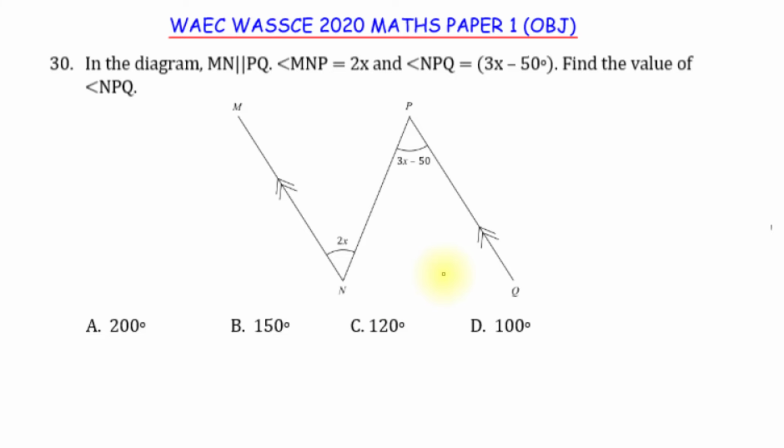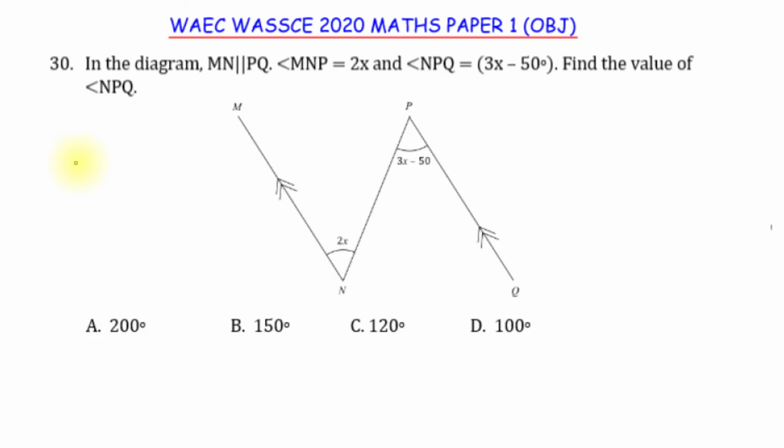There are quite some ways you can go about solving this, but ideally this is just a simple slam and dunk question on alternate angles, because since MN and PQ are parallel, then this line joining the two of them is a transversal, and this is actually featuring two angles, 2x and 3x minus 50, that are alternate angles, okay. Both of them, they are alternate angles.